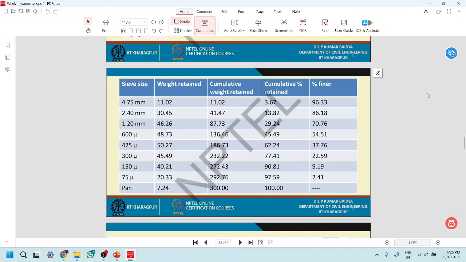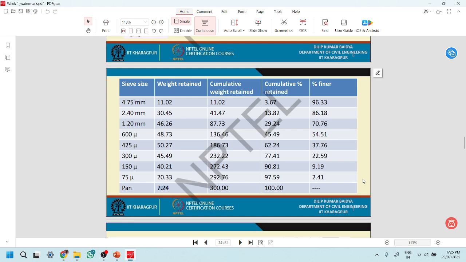Okay, so there is only 2.41 percent finer than 75 microns. So this is like sand. Not that, madam. The weight of the material retained on the pan, 7.24 grams. If we assume soil is a natural material, then this 7.24 is silt and clay together.